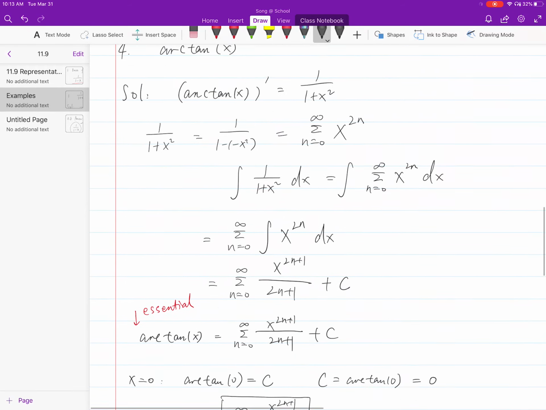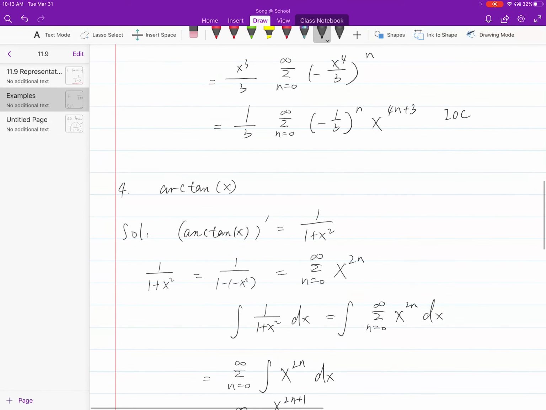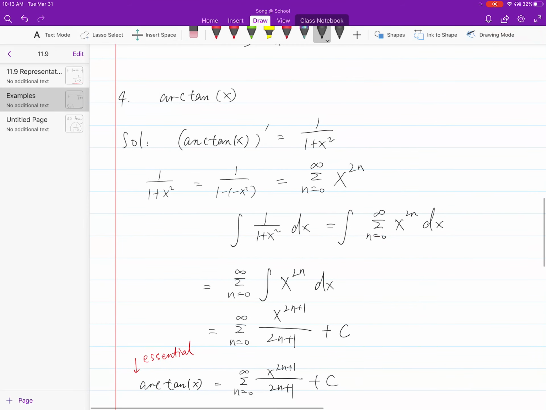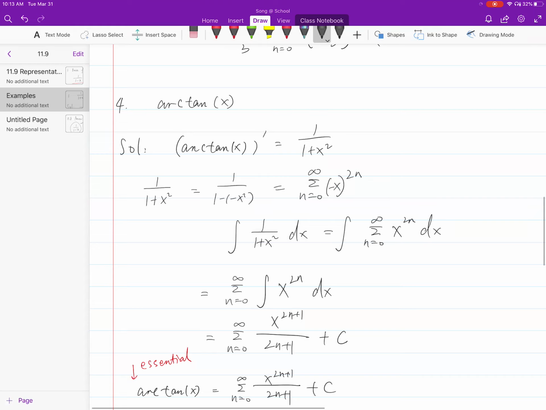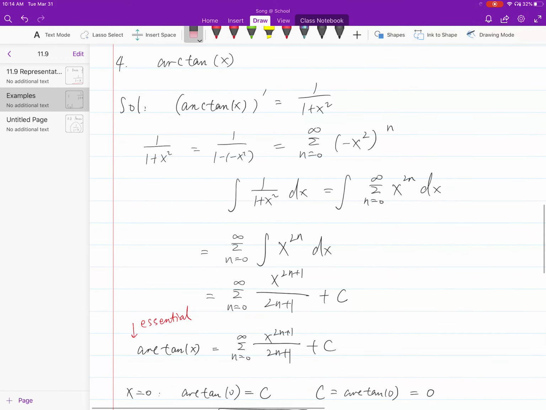What did I do? I made a mistake here. I need to correct it. Okay, this should be negative x. Negative x to the square n, which gives you negative 1 to the n, x to the 2n. So I'm missing a negative 1 to the n here.